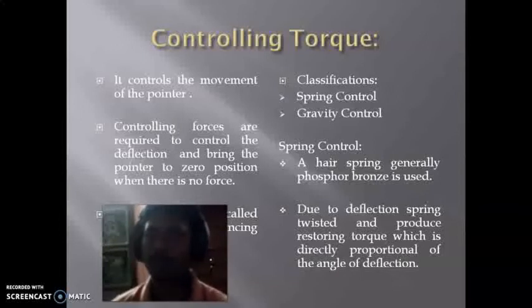And due to the deflection, the pointer and the moving system will deflect, and the spring which is attached with the moving system also gets twisted, and due to that there will be some restoring force developed, and due to this restoring force, the controlling torque is developed, and the pointer may move back to its previous position again, or zero position again.